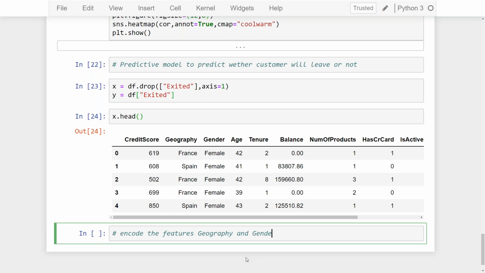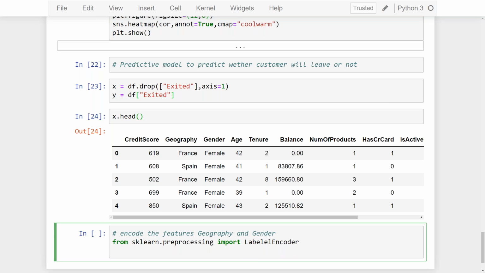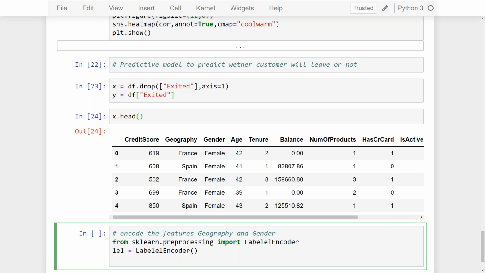geography and gender. To do that, we'll import from sklearn.preprocessing, import LabelEncoder, and we can say le1 equals LabelEncoder, and x of geography equals le1.fit_transform x of geography.